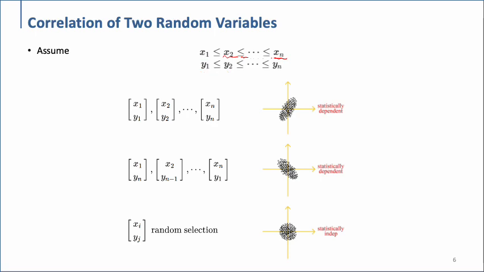And for this given data set of n pairs of x and y, you can construct the matrix of n vectors like this. And if x and y have some relation like this, we can say these two variables are statistically dependent, because as you can see here, when x increases, the values of y also increase.